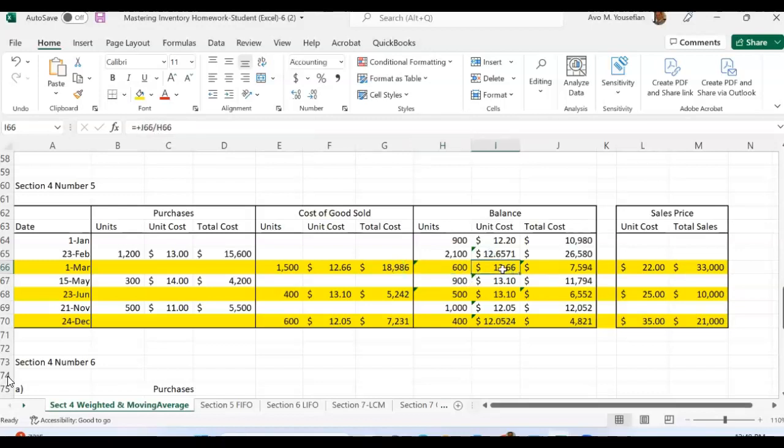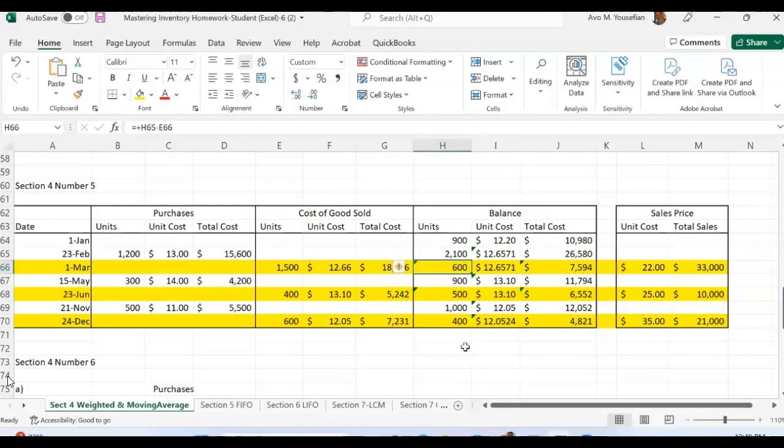At what price? At an average cost of $12.66. And the dollar amount here is whatever we had here, 26,580, right? Less cost of goods sold gives us 7,594. And that's the average cost, which I like to see in 4 decimals.